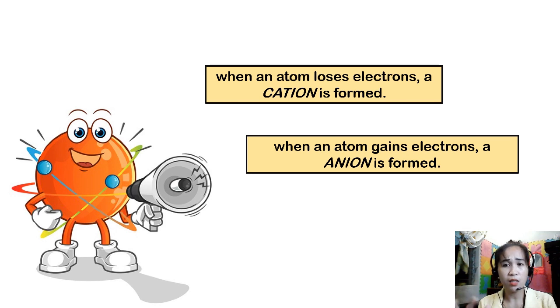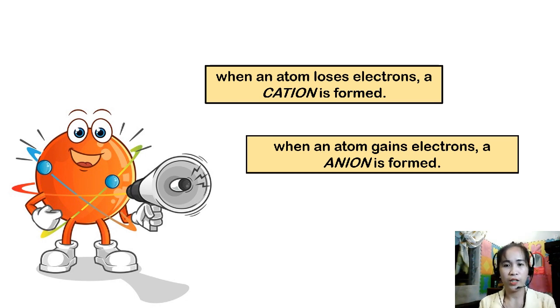Take note, guys. An anion is an ion that has gained one or more electrons and they acquire a negative charge. While cation, they lose electrons and they gain a positive charge.